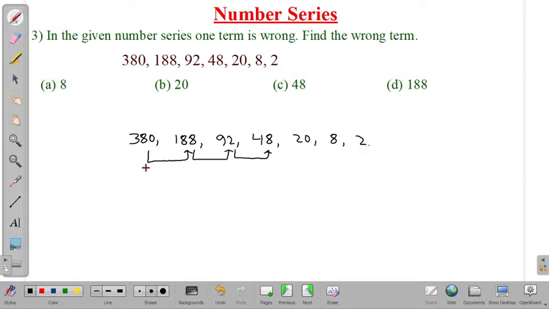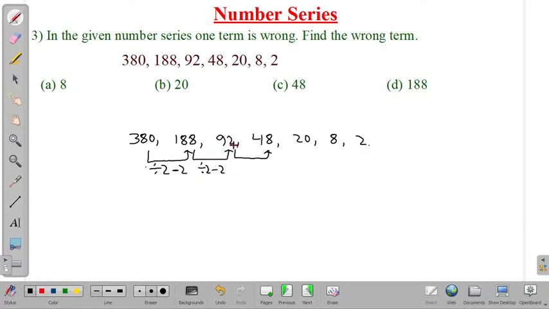So if we divide 380 by 2, first we divide by 2, then we get 190, and if we subtract 2, then we will get 188. From 188 to 92, again if we divide, we get 94, and -2, then we get 92.